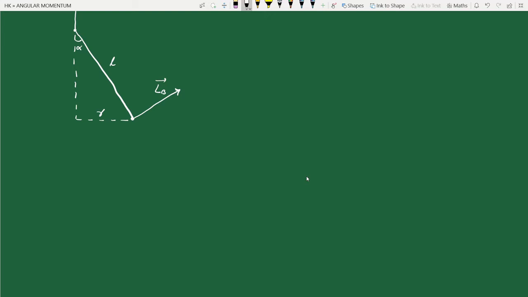Now what I am going to do is resolve this LB into two components, a horizontal component and a vertical component. This horizontal component let me call LR, because it's in the radial direction, and the vertical component let me call LZ because it is in the Z direction, the vertical direction.